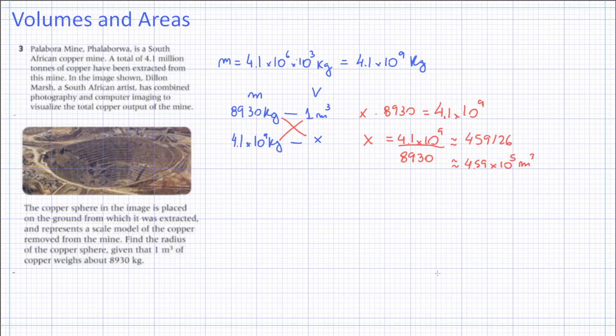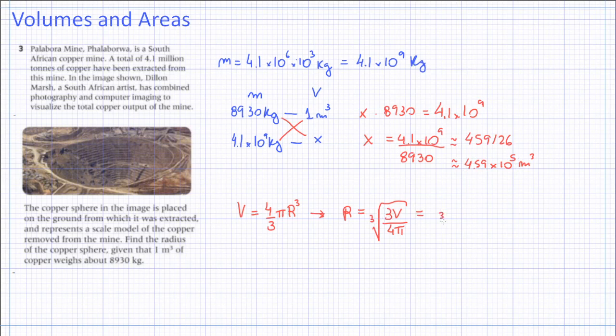Now we need to use the equation for the volume of a sphere, which is 4/3 pi r to the power 3. So this is our volume, right? And we want to find the radius, so we have to make the radius our subject. So radius will be 3 times the volume divided by 4 pi, and I have to get the cubic root, and then I can just take this value in here.